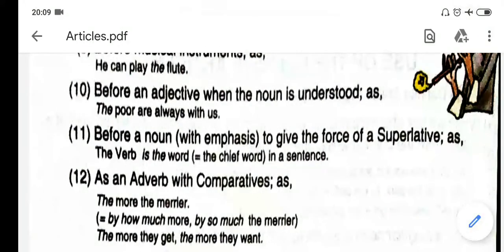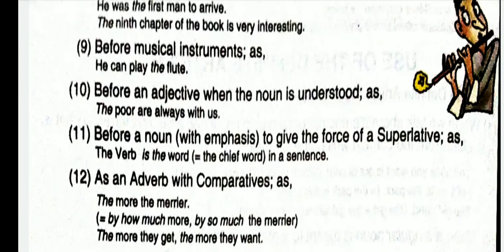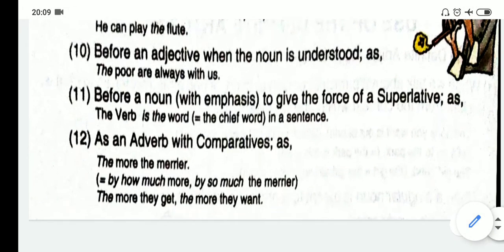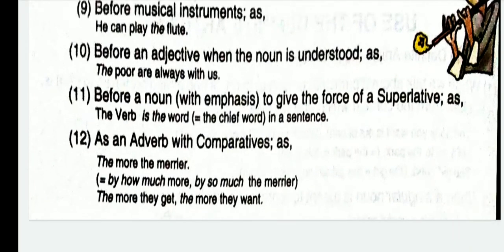Although poor is an adjective, the noun with this poor is understood. When I say the rich are always with us, it means I'm talking about rich people. People is noun, or rich man. Man is noun, but we are not writing people with this adjective poor, or we are not writing man with this adjective poor or adjective rich, because the noun is understood. It is understood that we are talking about that noun. So we will use the with that adjective when the noun is understood.